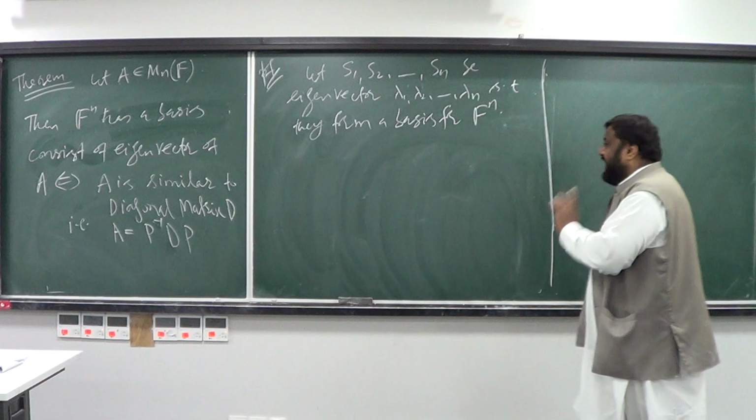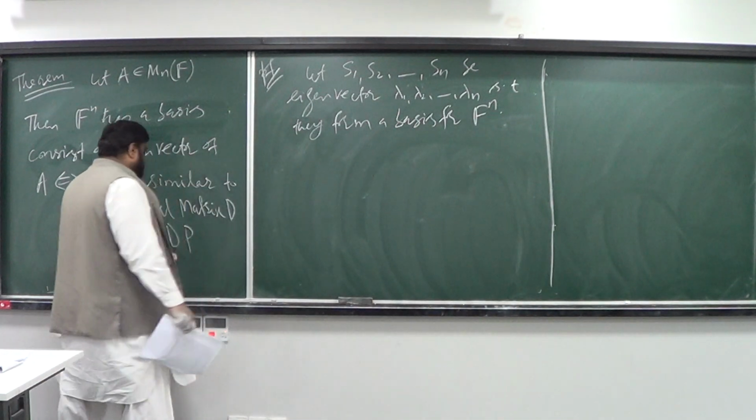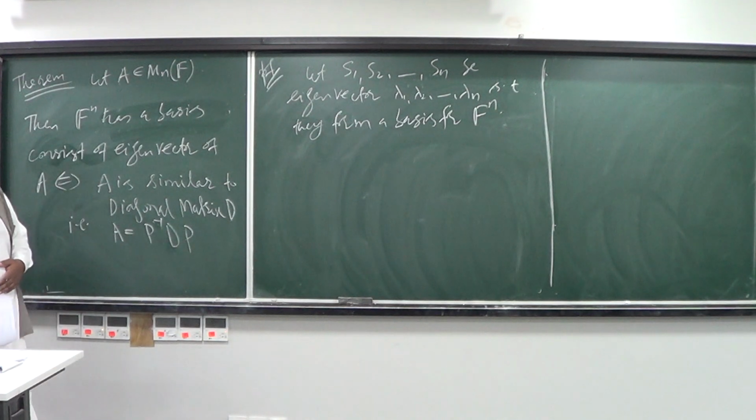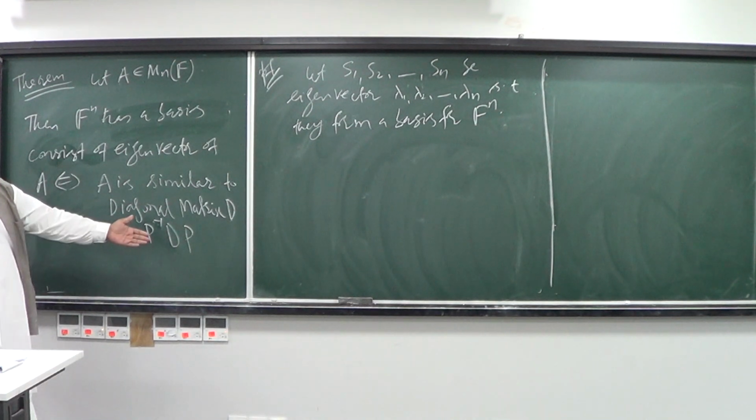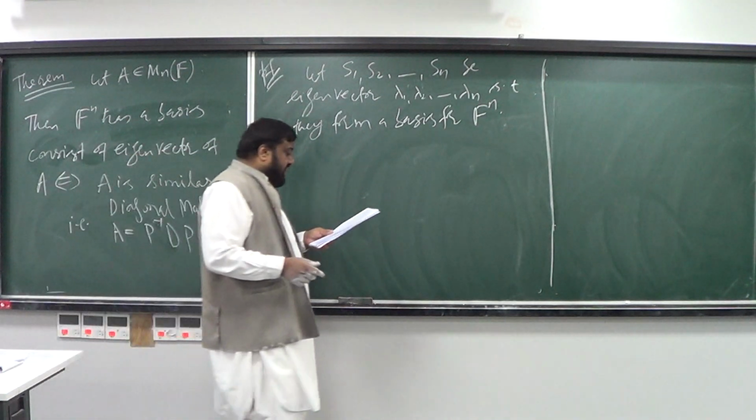Question: can we find a matrix P and a diagonal matrix D such that this is true? The answer is yes. You can easily find it.